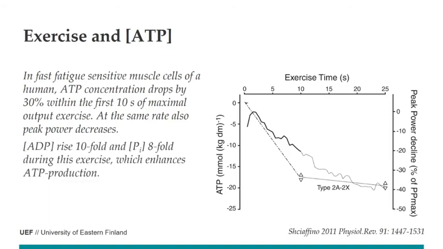And when the ATP concentration is decreasing, then of course ADP is increasing. And the ADP in the resting cell is very low, but it rises about 10-fold during the exercise. And even the inorganic phosphate increases about 8-fold during the exercise. And we have learned that, okay, these are enhancing the ATP production.